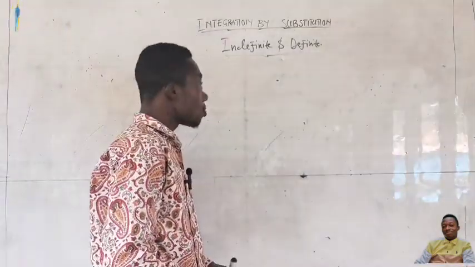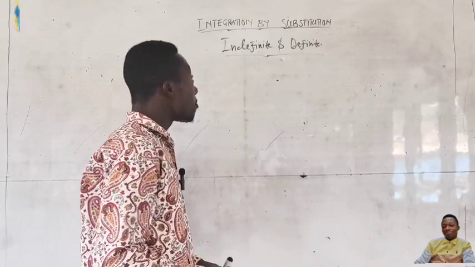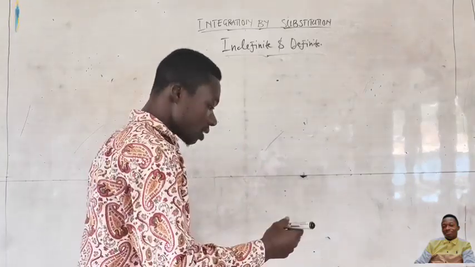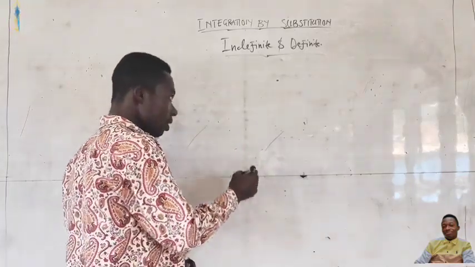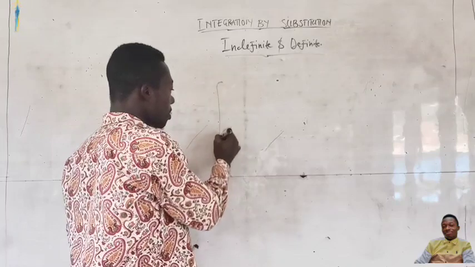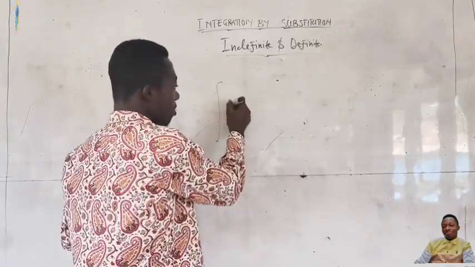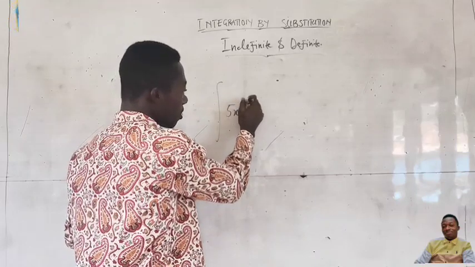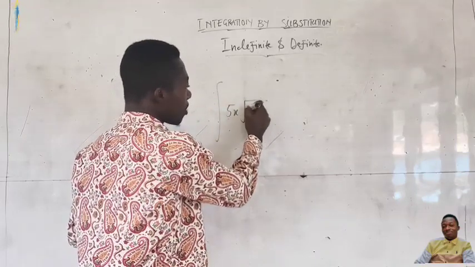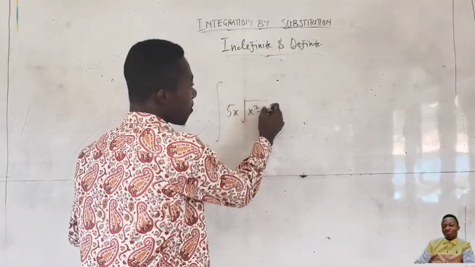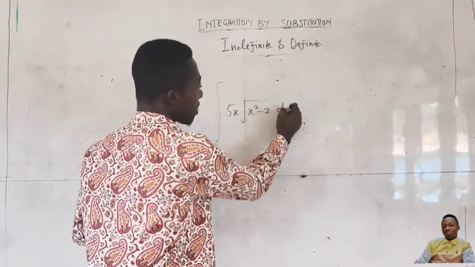We begin with indefinite integral by substitution. Let's take an example. Let's say I have the integral of 5x times the square root of x squared minus 2 dx.